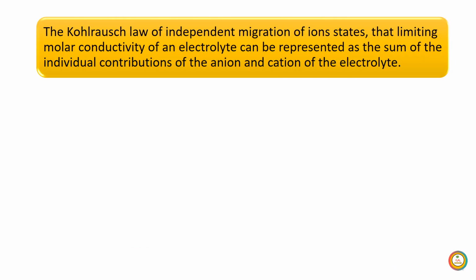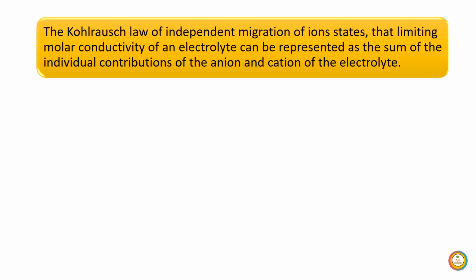The Kohlrausch law of independent migration of ions states that the limiting molar conductivity of an electrolyte can be represented as the sum of the individual contributions of the anion and cation of the electrolyte.